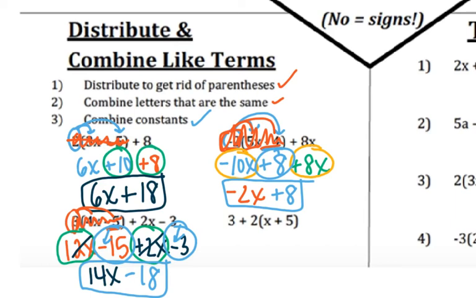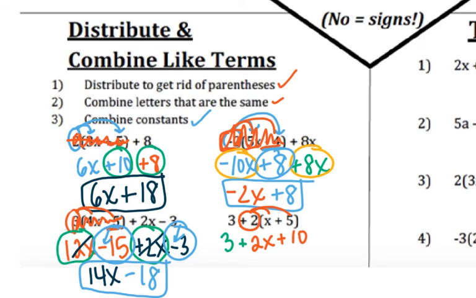Last but not least, this is the last one we're going to do together. The number in front of parentheses for this one is in the back, but that's fine. So I take this 2. It's actually a positive 2. So I take this positive 2 and I distribute. Positive 2 times x is 2x. Positive 2 times 5 is plus 10. In the front, there was a 3.